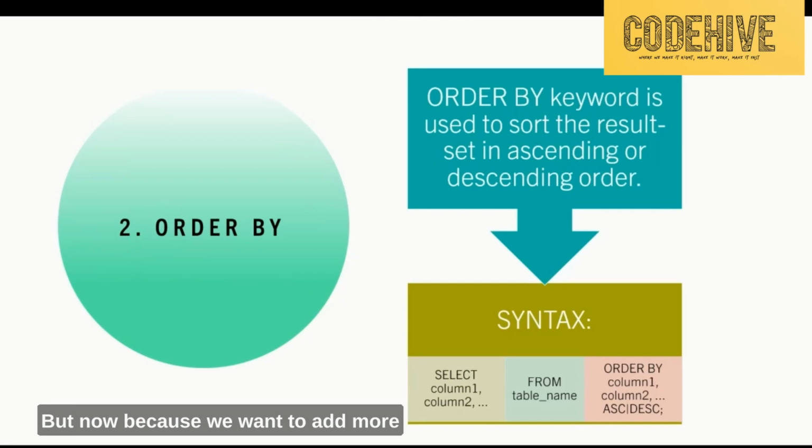But now, because we want to add more lines to our queries and filters, we can say order by descending order, or rewrite and say order by ascending order. The nice thing about this is that you can use it in both ways. You can sort one column in descending order while also sorting another column in ascending order. We will be looking at examples.